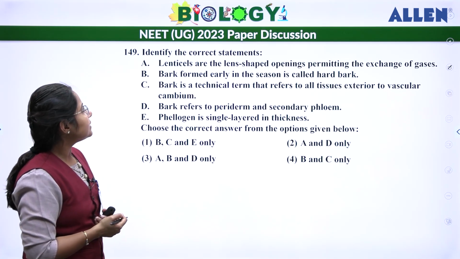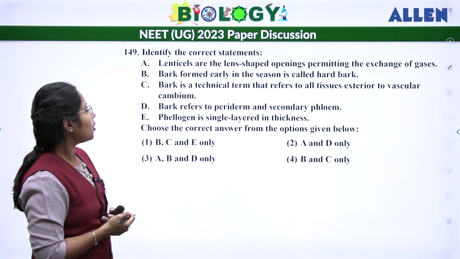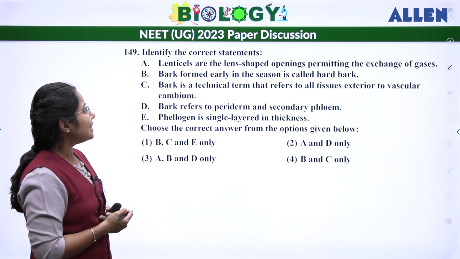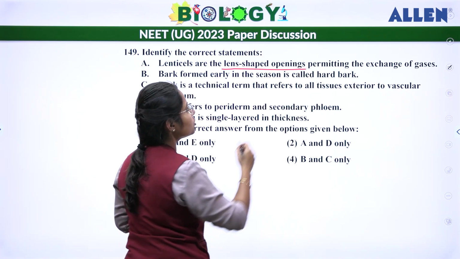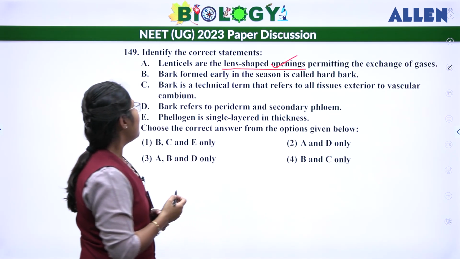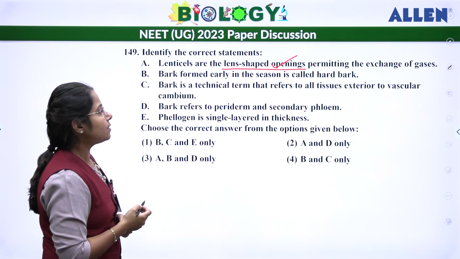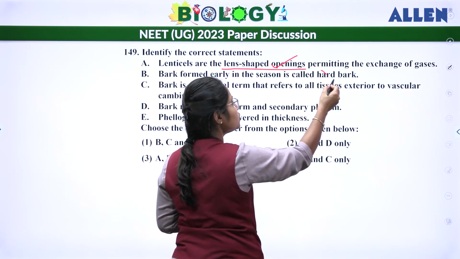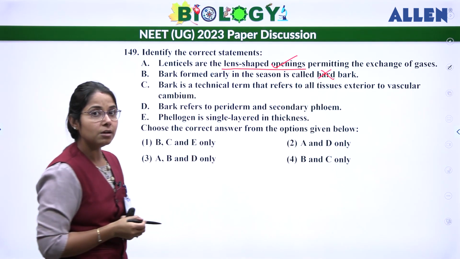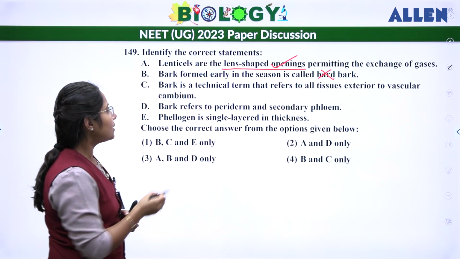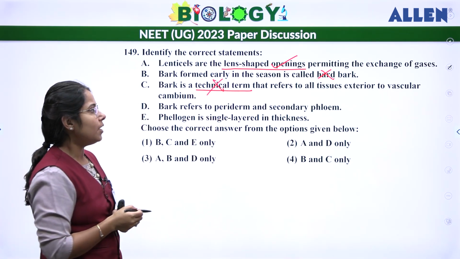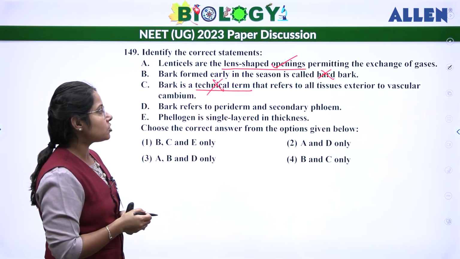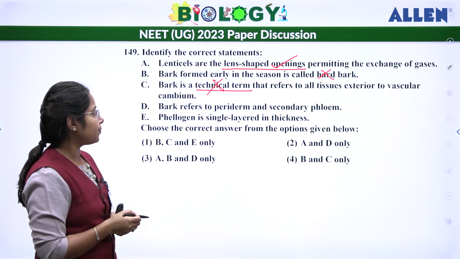Next, select the correct statement. Identify the correct statements. Lenticels are lens-shaped openings permitting the exchange of gases, which is true. Bark formed early in a season is called hard bark, which is wrong. It is called the soft bark. Bark is a technical term, is wrong. Bark is a non-technical term that refers to all the tissues exterior to the vascular cambium.